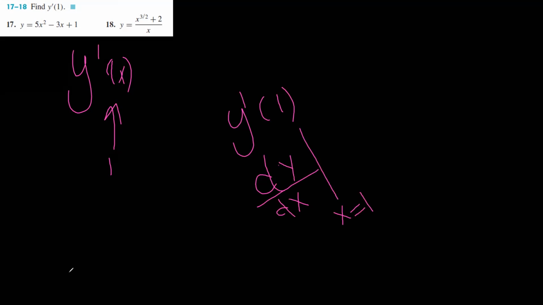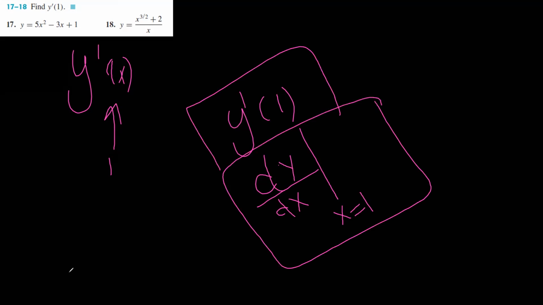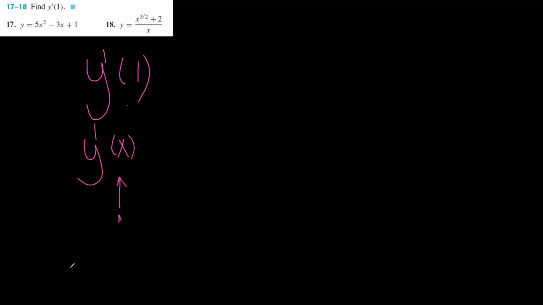This notation has the same meaning as y double prime of 1. On Thursday, we said the first step is to find the derivative of y, then we substitute 1 for x in my new function.